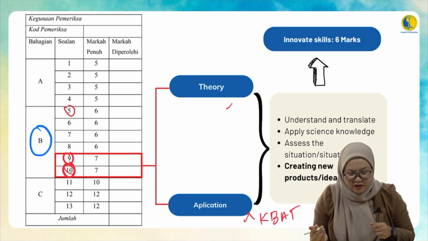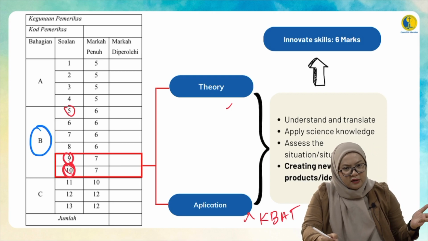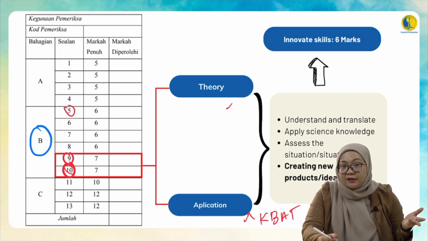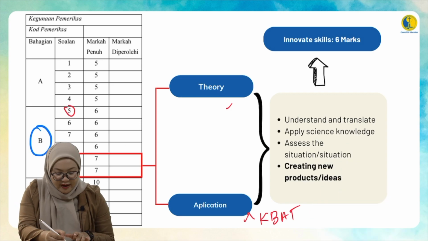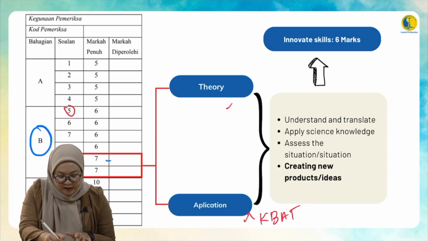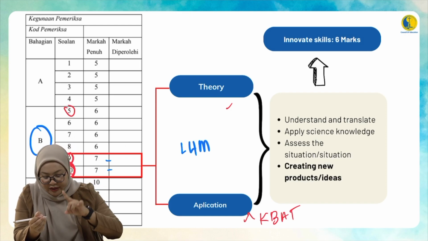Why? Okay, let's have a look. Why do a lot of students have difficulties scoring in these particular questions? Guys, in total, 14 marks are given for question 9 and question 10.